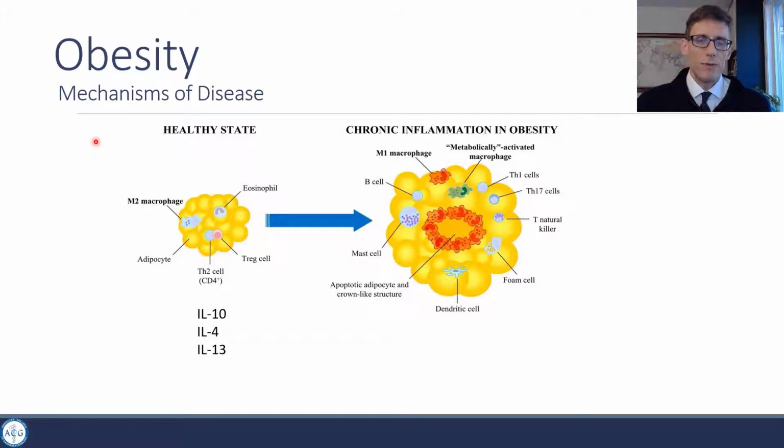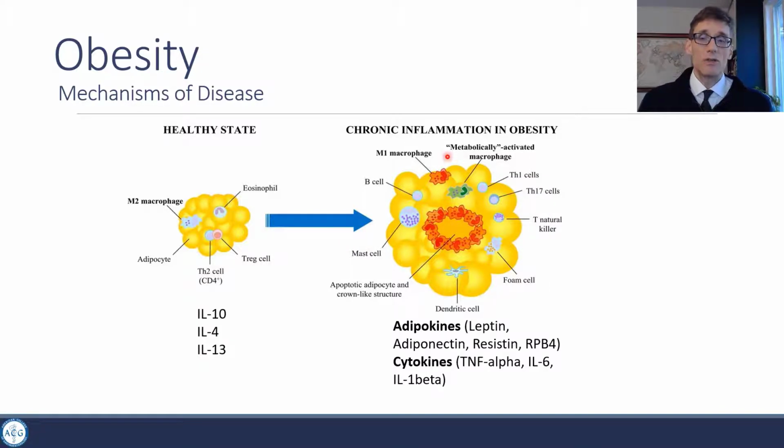On the left, we have what adipose tissue would look like from a healthy subject, and you can see it has M2 macrophages, and this tissue would secrete innocuous cytokines such as IL-10, IL-4, and IL-13. However, on the right, we have an example of adipose tissue from a subject with obesity. And you can see this is chronically inflamed with B cells, mast cells, and metabolically activated macrophages.